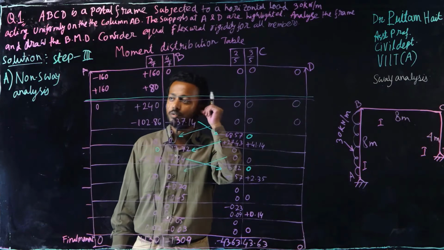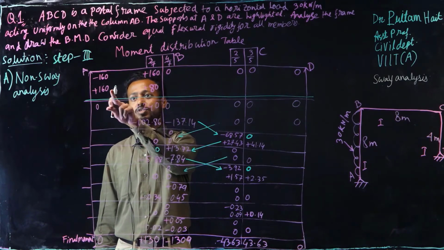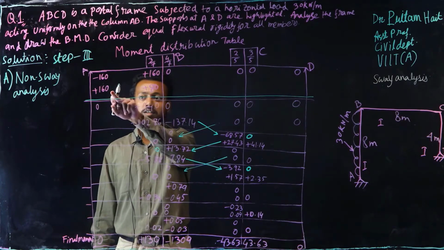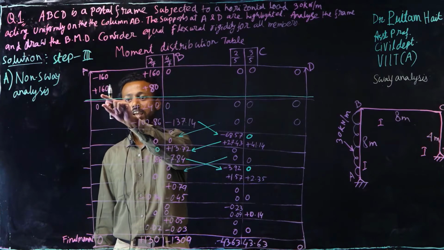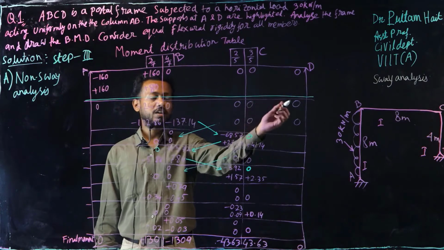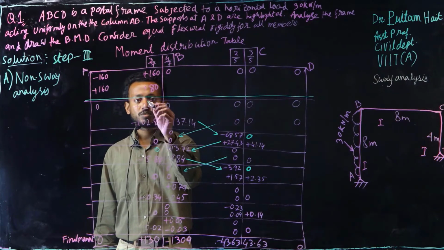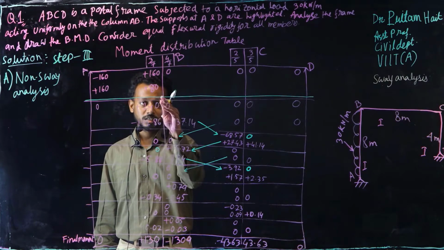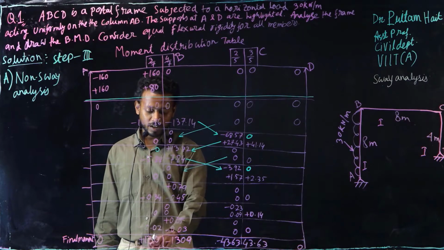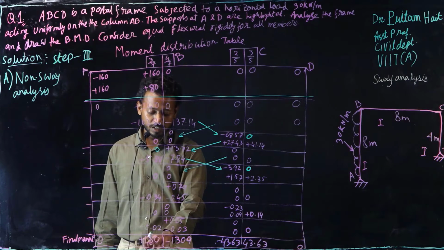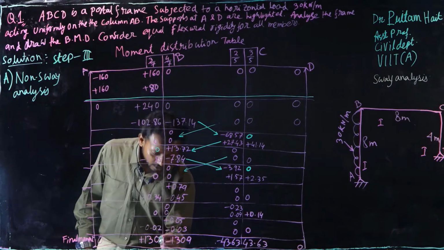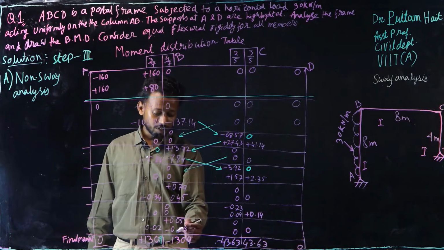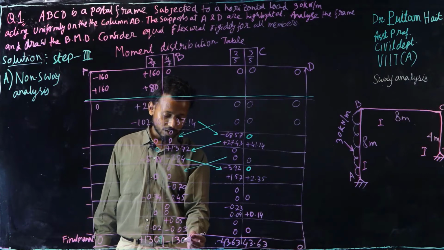While you neutralize any moment at a joint and give carryover to the adjacent joint, always mark the double line and start adding from this moment. I have added all these moments and I have calculated 130.9, and here I have added all these moments and I have got minus 130.9.